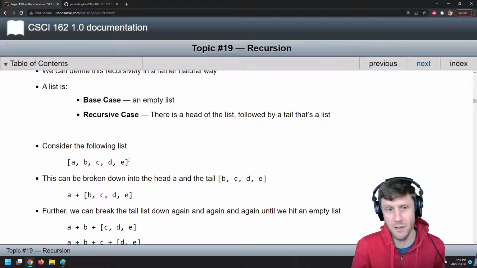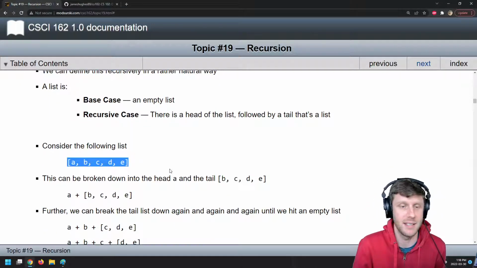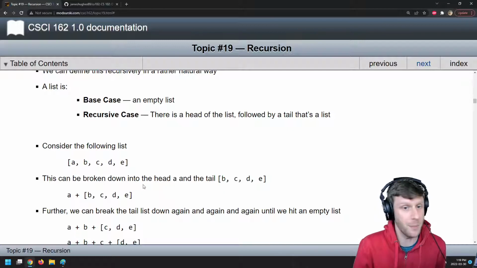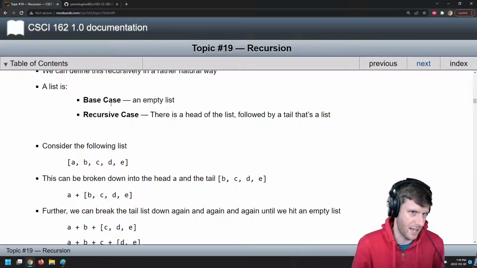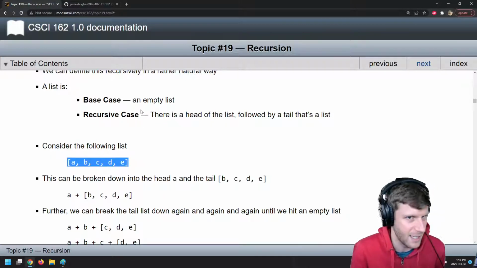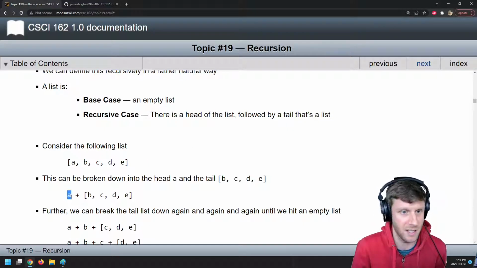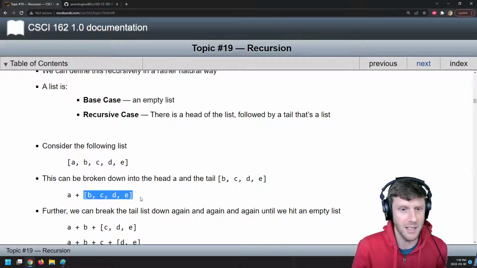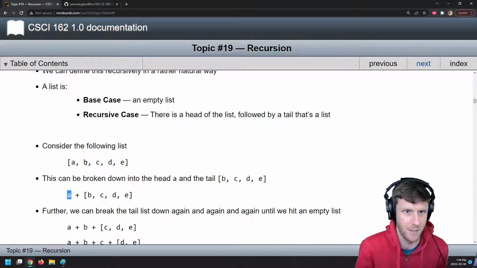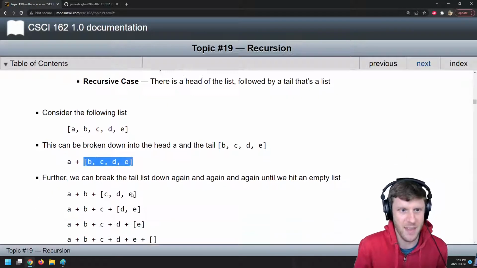So consider the following list, A, B, C, D, E. This is not the base case, right? Because this is clearly not an empty list. But we can break this down into the head of the list, which is A, plus the remainder of the list, the tail, which would be everything except the A: B, C, D, E. And then we can do that again.